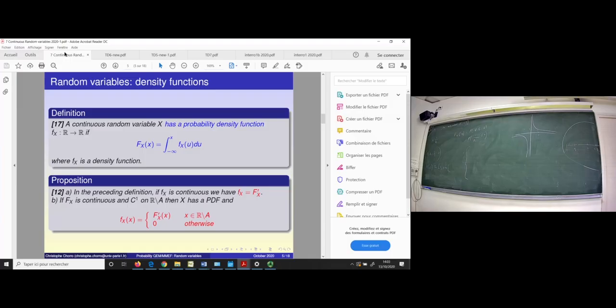Have a look: if I take the inverse mapping, I have two parts in the inverse mapping, the part where I am here and the part where I am here. So you have to distinguish between the cases, the case where x is positive or not.